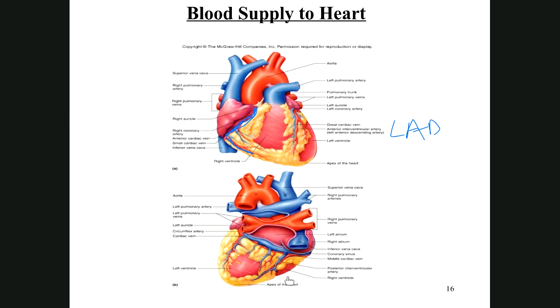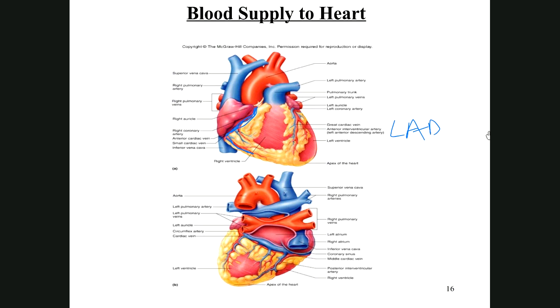And then you have the middle cardiac vein, which is this one right here, that runs parallel along the posterior interventricular artery. The middle cardiac vein drains into the coronary sinus.